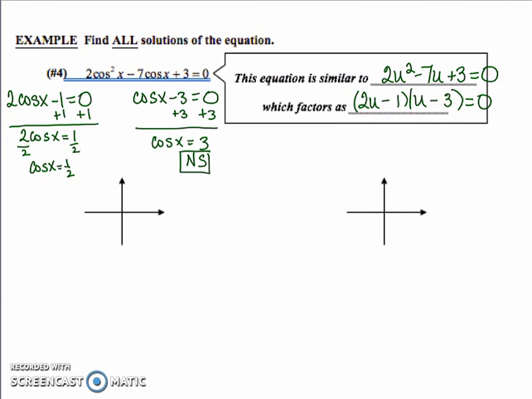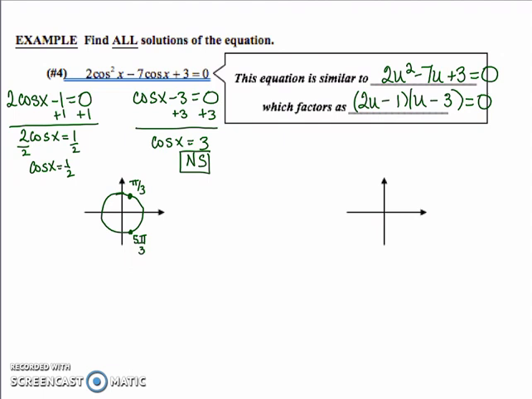But cosine of x equals 1/2 is going to have 2 solutions because that occurs in 2 locations on the unit circle. Cosine is positive in quadrants 1 and 4, and cosine is 1/2 at pi over 3 and at 5 pi over 3. Those are the 2 locations where cosine of x is equal to 1/2.